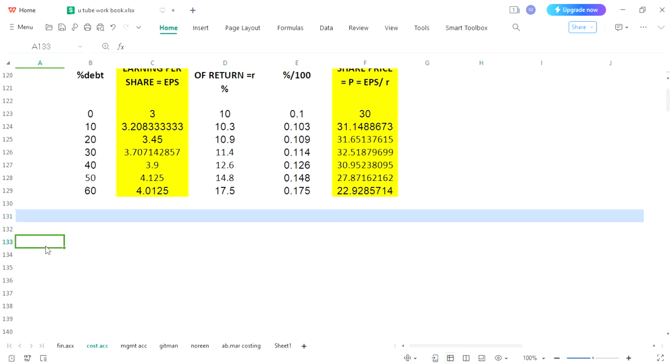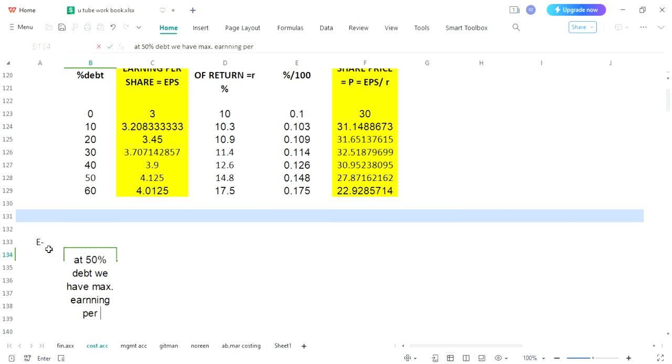E part we are solving, and we have concluded that at 50% debt, we have maximum earning per share, and that was 4.13.